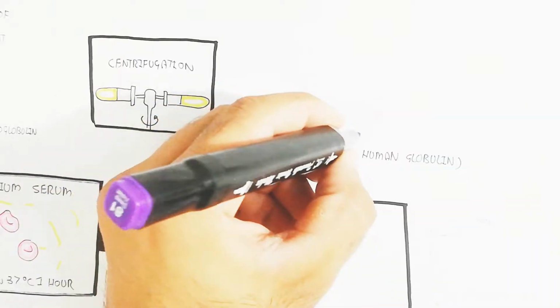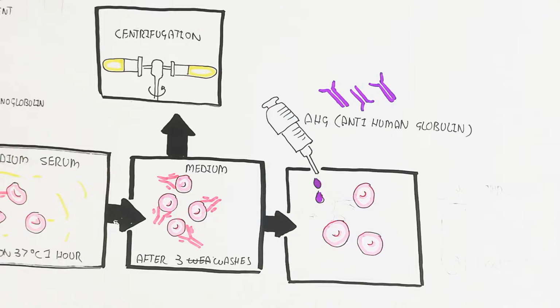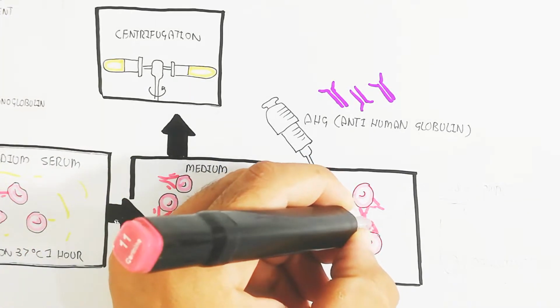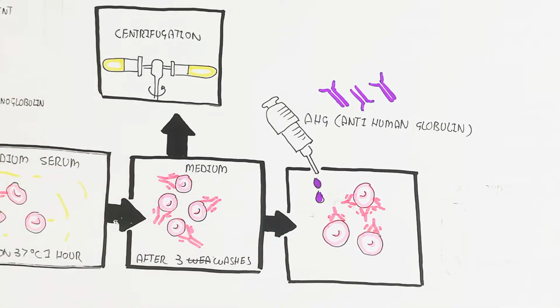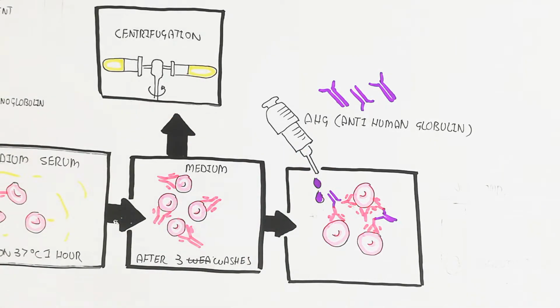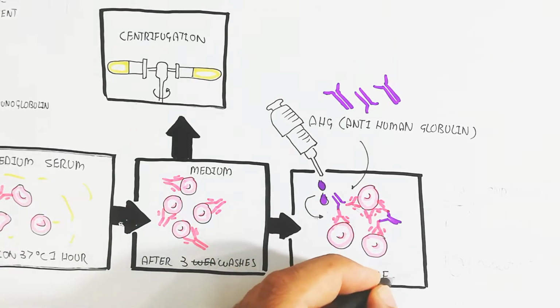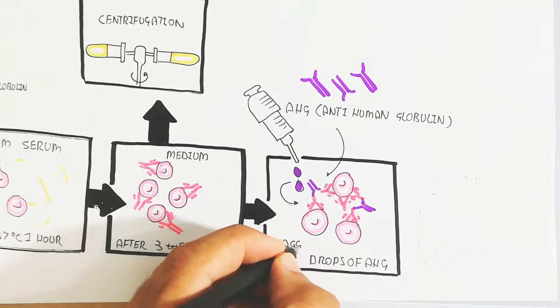After 3 washes of the medium, centrifugation is done, and in this way 2 drops of anti-human globulin are put into the sample, which is 1 drop of RBC of the recipient and the immunoglobulin-containing serum of the donor.